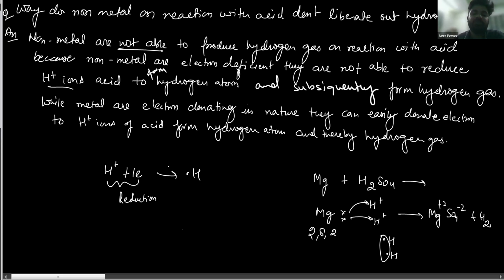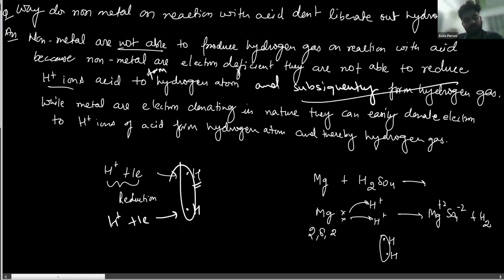When one electron is added, it forms hydrogen atoms, and when another electron also comes, another atom also comes, then they combine together and form hydrogen gas. While metals are electron donating in nature, they can easily donate electrons to the H plus ions of acid and form hydrogen atoms, and thereby hydrogen gas.